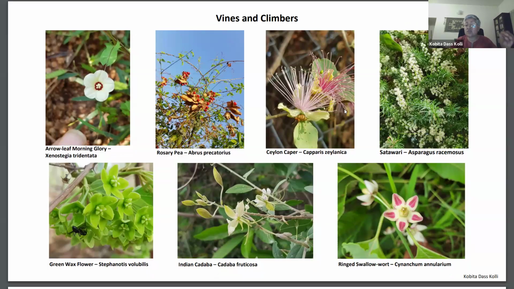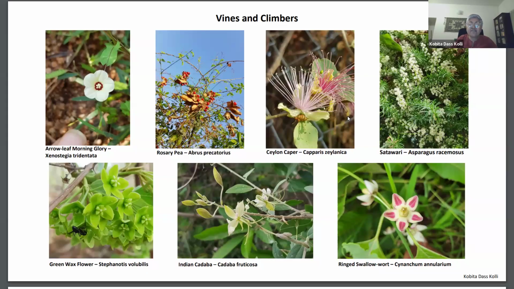Especially in the dry season, you just see brown everywhere, and then suddenly these red seeds with black spots pop up. And then you know that there is an abrus climber somewhere there. The leaves and flowers will come up post rain, but look out for them especially in dry deciduous forests. Sometimes in moist deciduous forests also you may see the remnants of this vine.